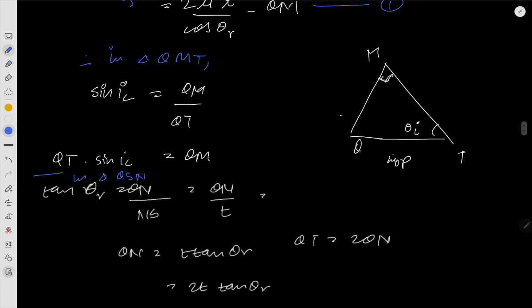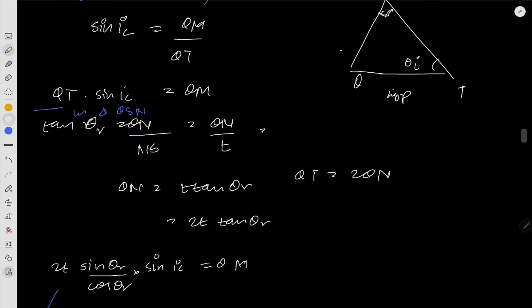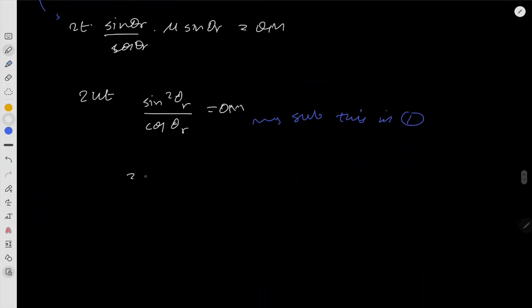Yes. So it is 2 mu t upon cos theta r minus 2 mu t sine square theta r upon cos theta r.